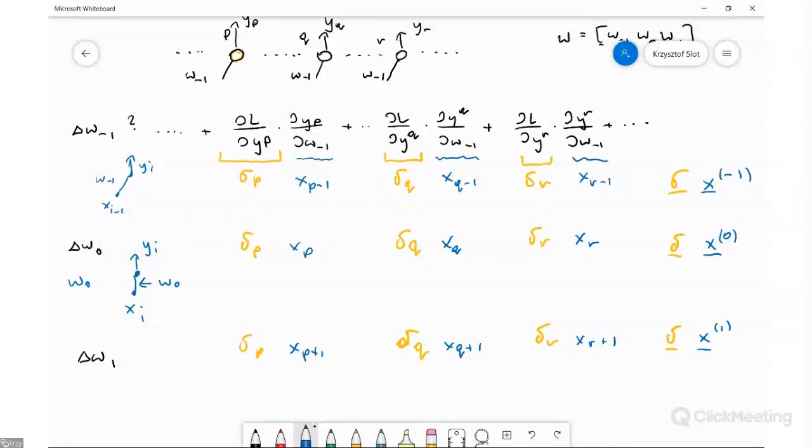So the first observation is that an update will be composed of several components, or of several updates. And each of these updates basically is a dot product.